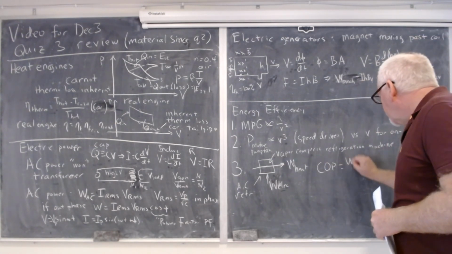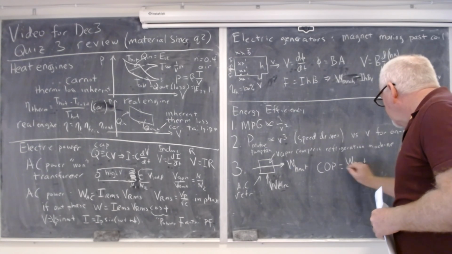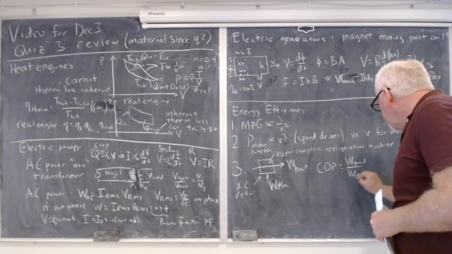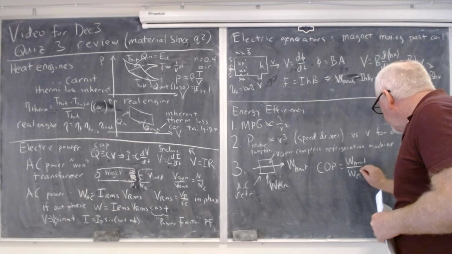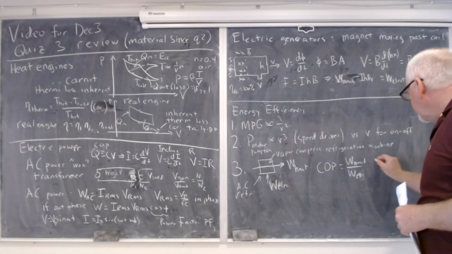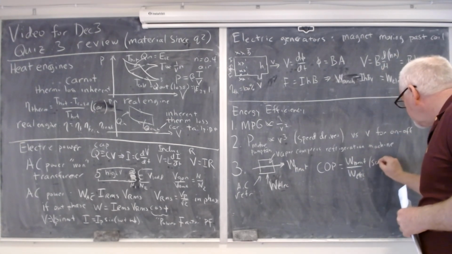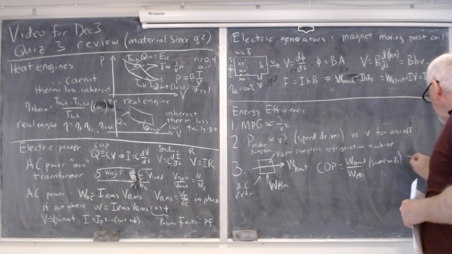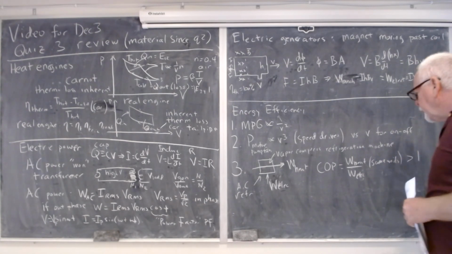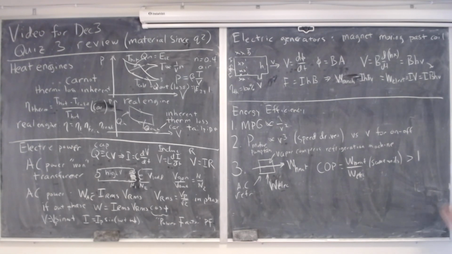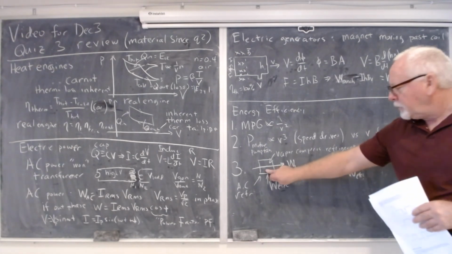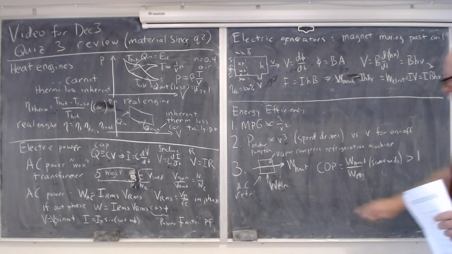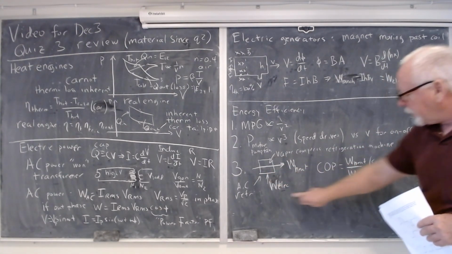All right, so this COP is W heat over W electric, if they're in the same units, which is greater than 1. That is a very interesting concept by itself, without understanding what's in this box: that you can pump more heat with less electricity.